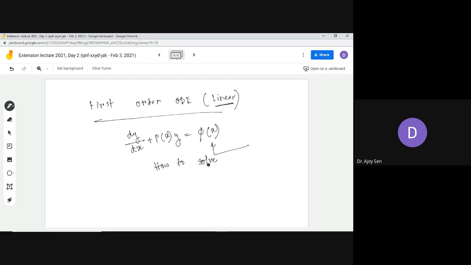How to solve this kind of equation is actually not that difficult. What we follow actually, you see, I can write this equation in this manner.